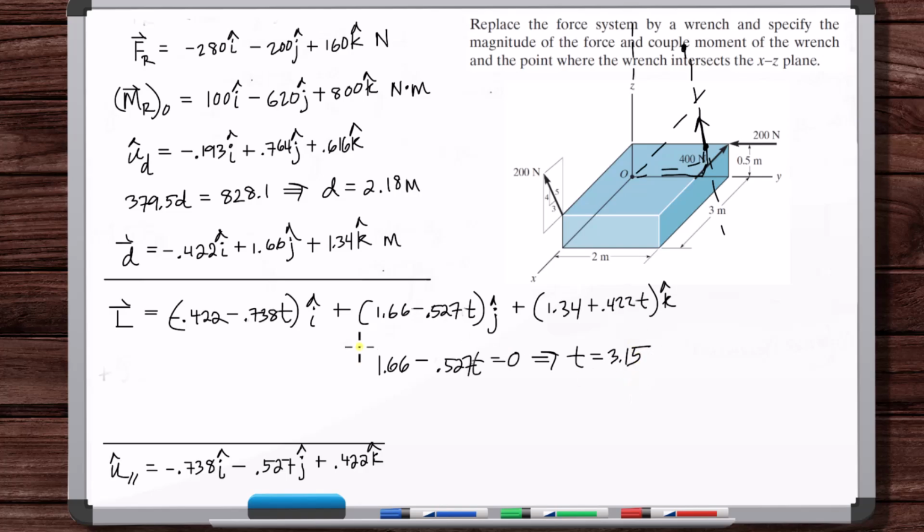Okay, so now to get the x coordinate and the z coordinate, just plug in t is equal to 3.15.